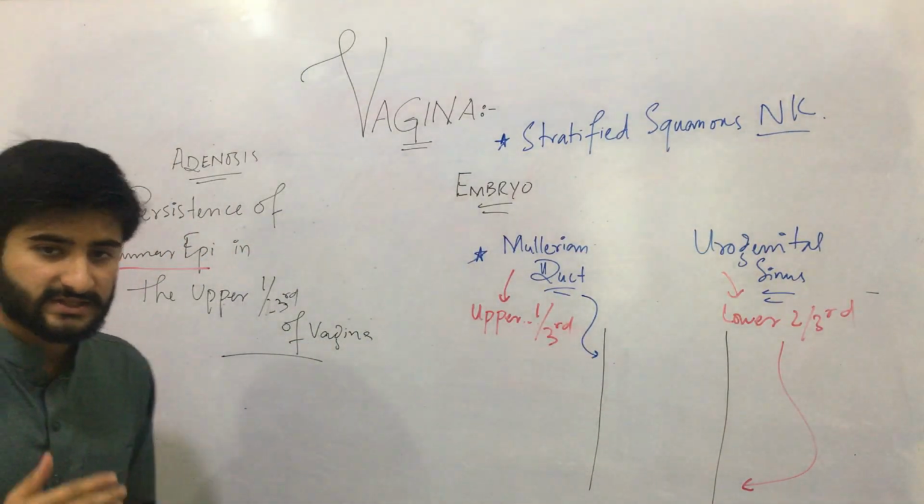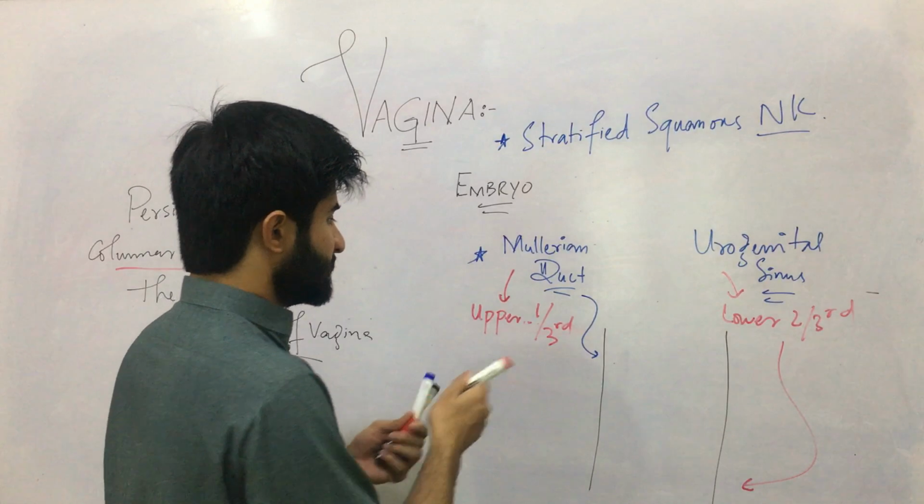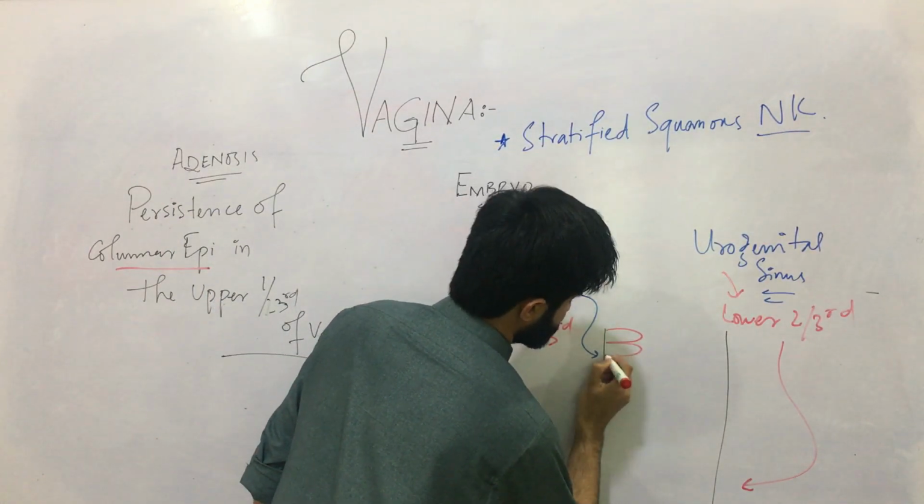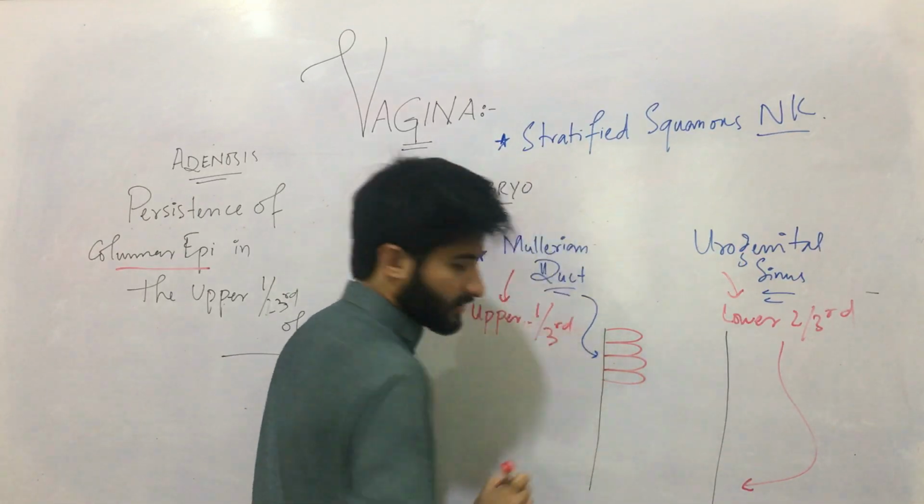So during the development, the upper 1/3 region is lined by which epithelium? Columnar epithelium.